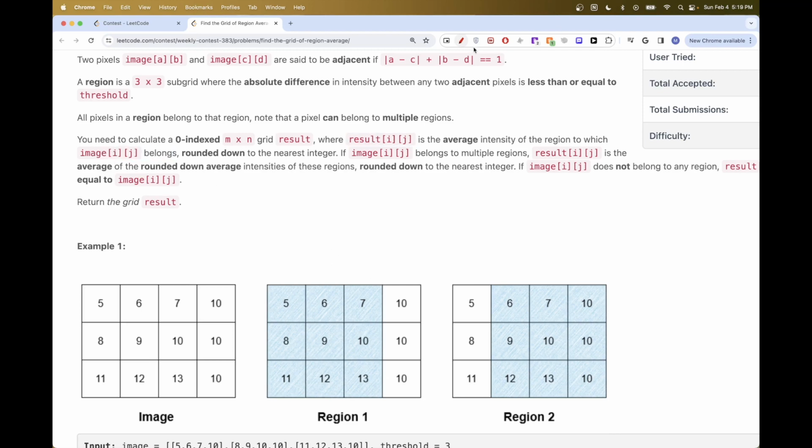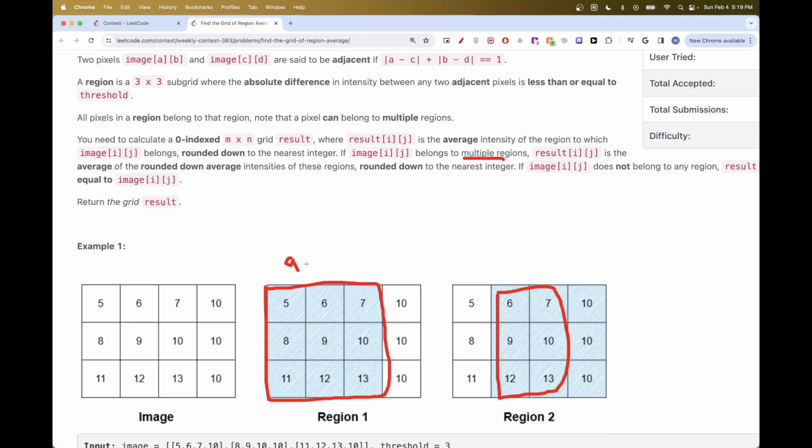So for example, the average in this subgrid, if you take the sum and divide it by 9, because there are 9 cells, that's going to be 9. And so the value at each of these positions will need to be 9. But for cells that are part of multiple regions, like for example 6, like these cells here, what should we do? Well, they say here that if it belongs to multiple regions, then we need to take the average of the rounded down average of each of these regions.